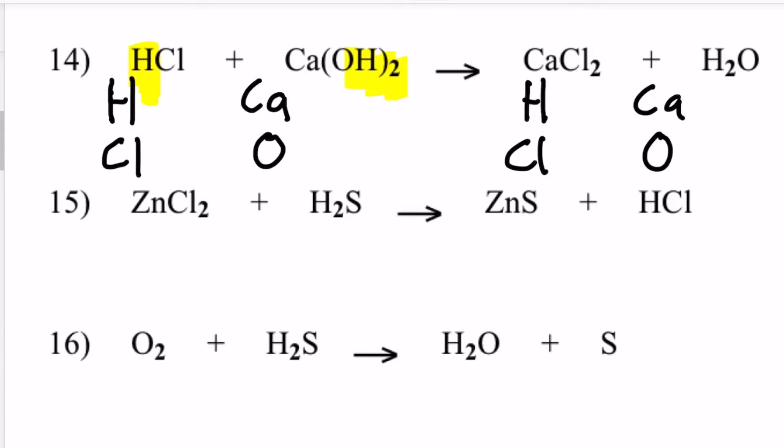So 2 plus 1 makes 3. Cl, there's only one of them. Calcium, that's only one. Oxygen, again, it's inside the parentheses and there's a 2, so there are 2 oxygens.